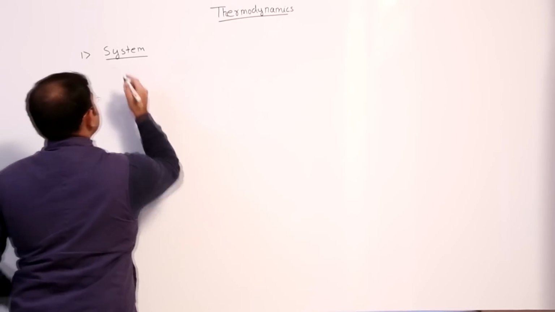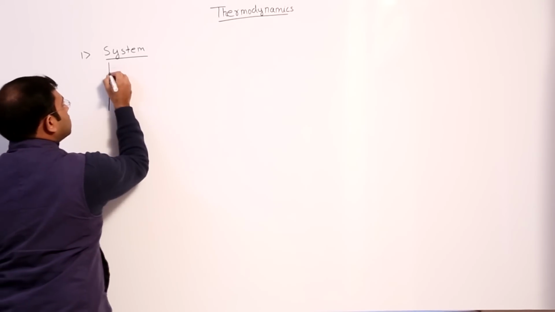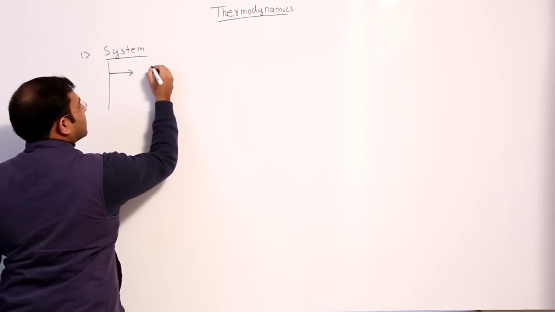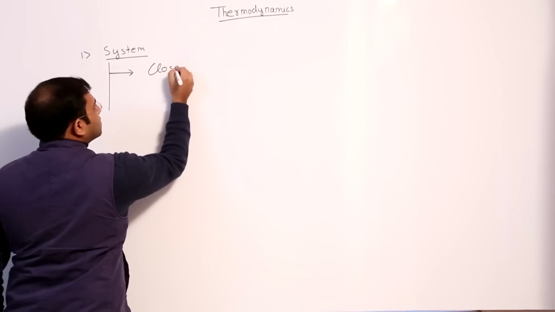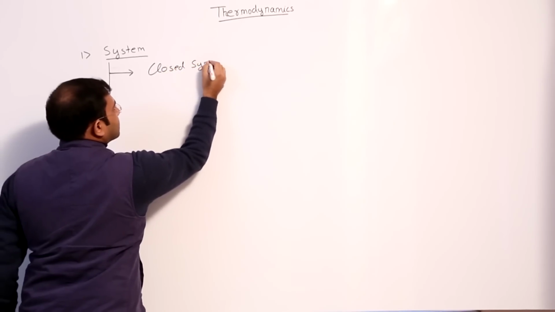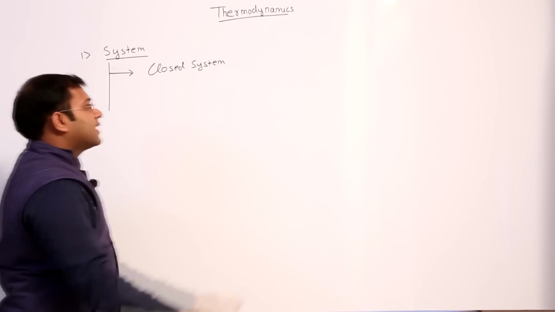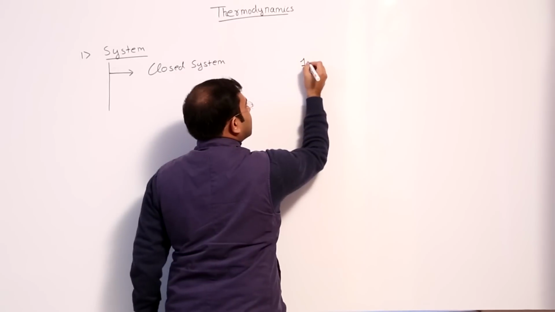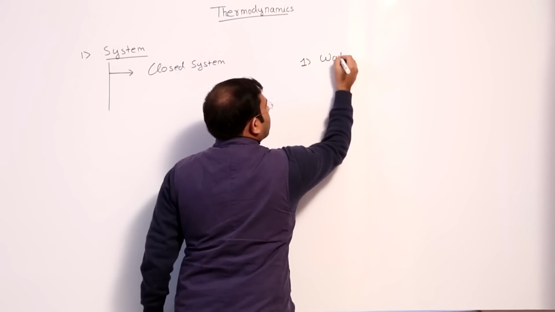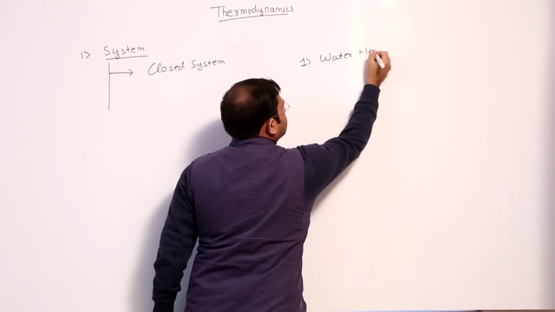Now see, system is classified into three broad categories. First is closed system. Now see, let us understand closed system with some examples. The first example is that of a water heater.